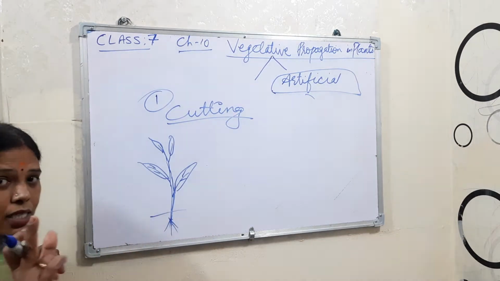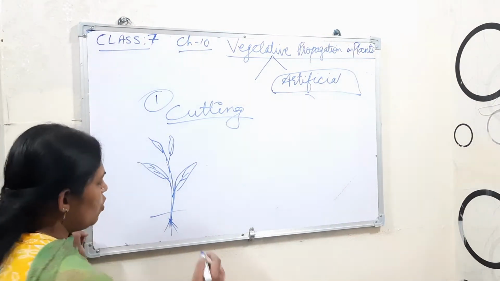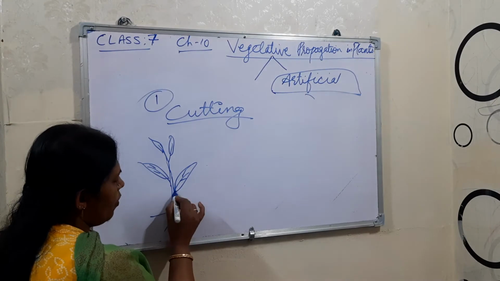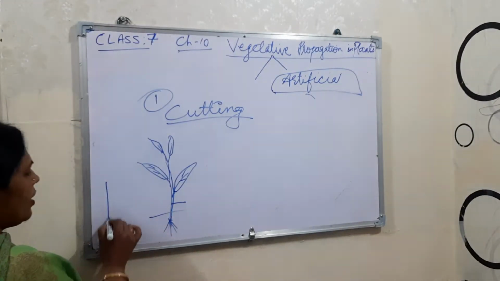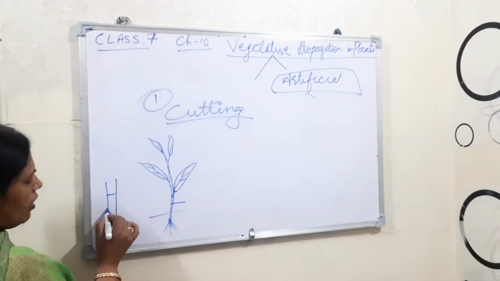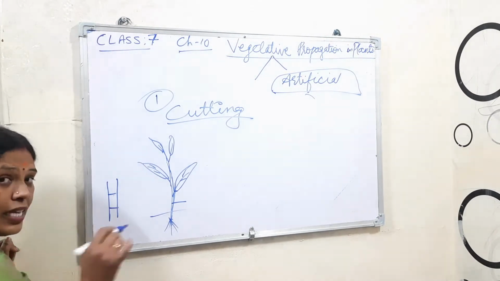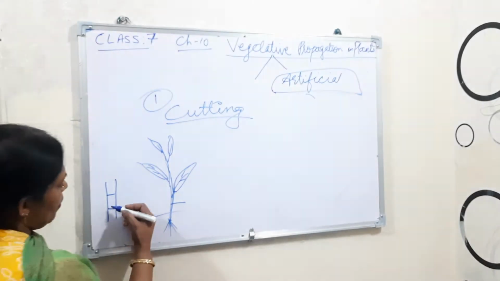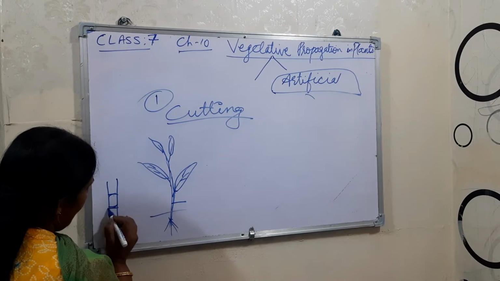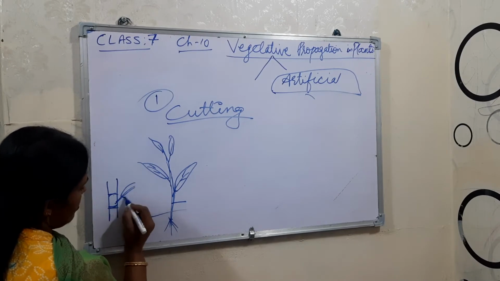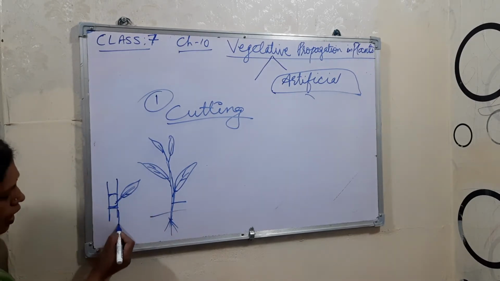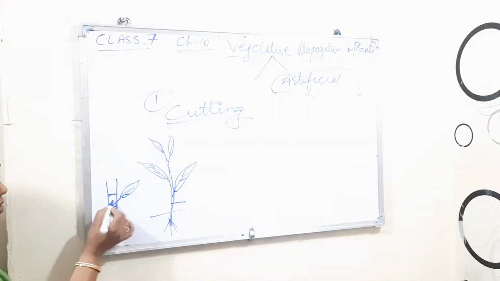The stem contains two portions. What are they? Node as well as internode. The leafless portion, this portion, if it is swollen and the leaf arises from it, that is the node. The portion without a leaf, that leafless portion, is the internode.